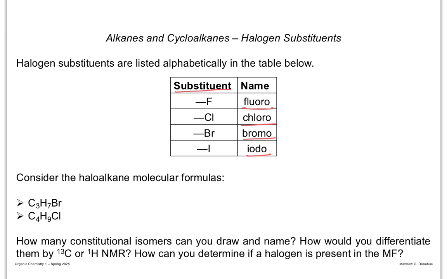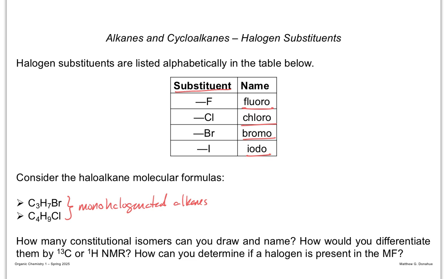And we'll consider these 2 monohalogenated alkanes. We can go through the degrees of unsaturation argument.